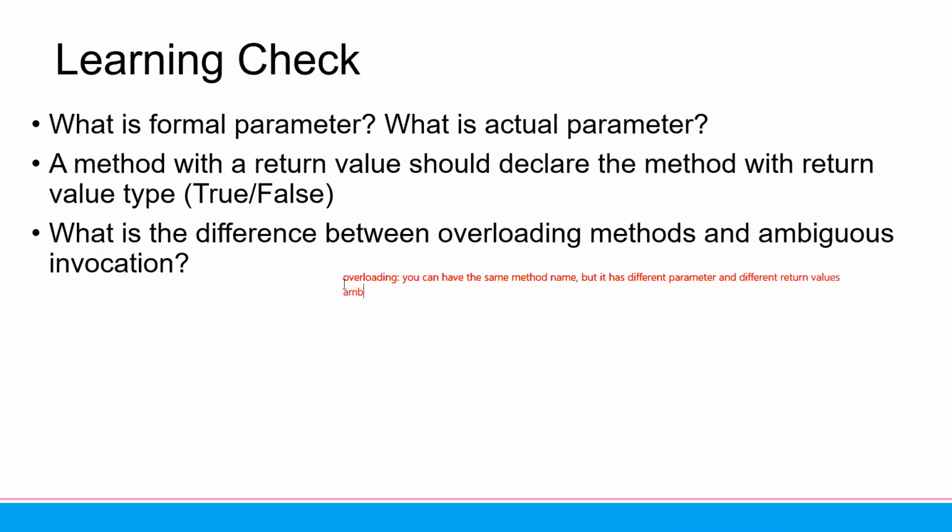The ambiguous invocation is also the same as overloading, but the compiler fails to match the input with the parameters. So ambiguous invocation means the compiler cannot find the correct method with the respective parameters.